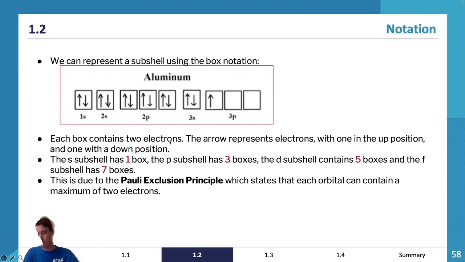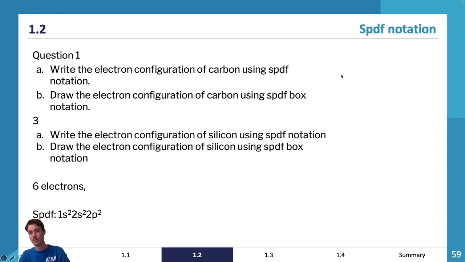You're not going to have to worry about that too much because it's not something you're going to discuss. But at this level, you need to understand the order is 1s, 2s, 2p, 3s, 3p. Really important. That's the order in which the electrons fill. They're going to fill 1s first, then 2s second, then 2p next, then 3s, then 3p.